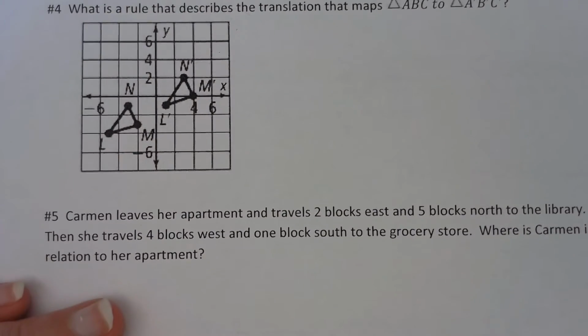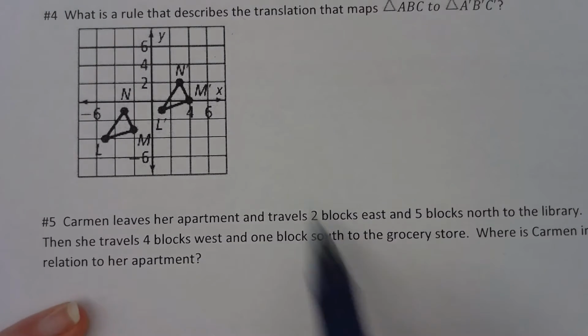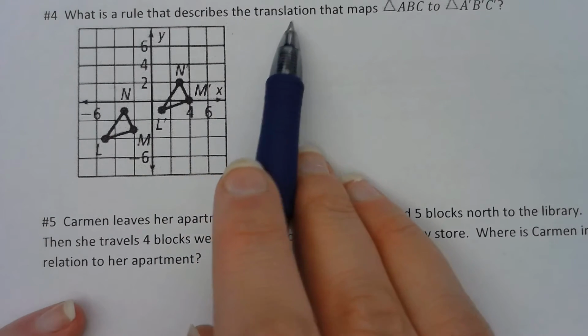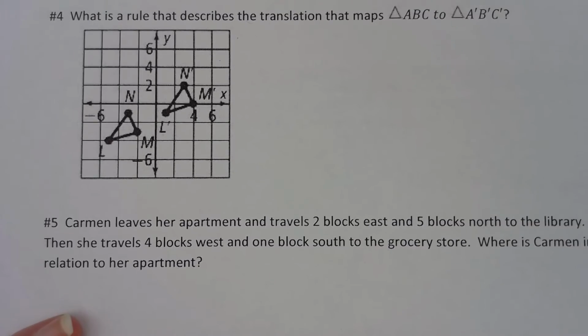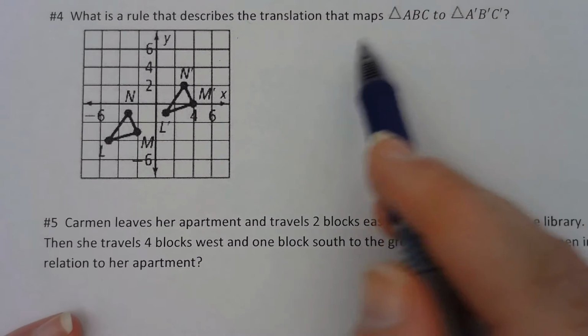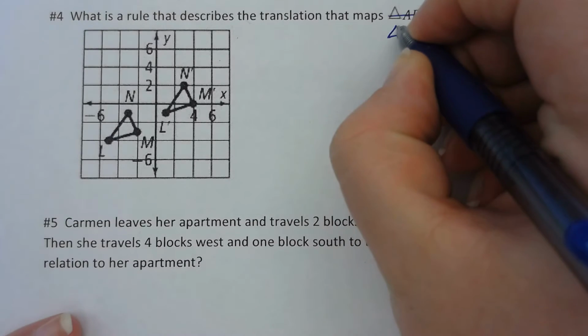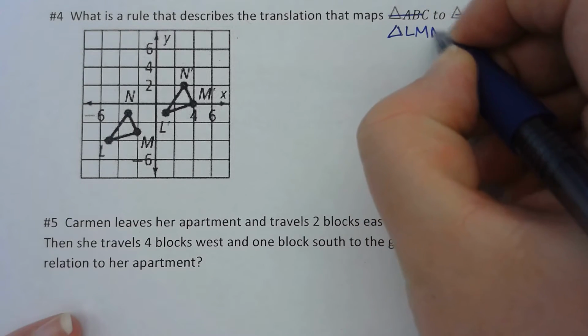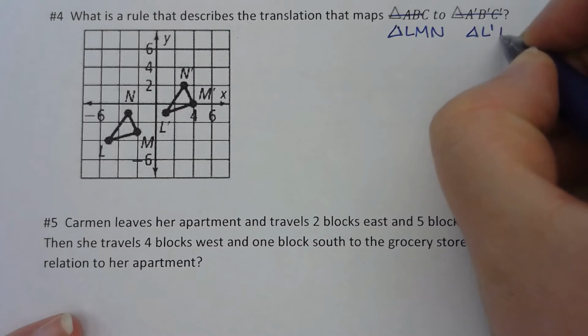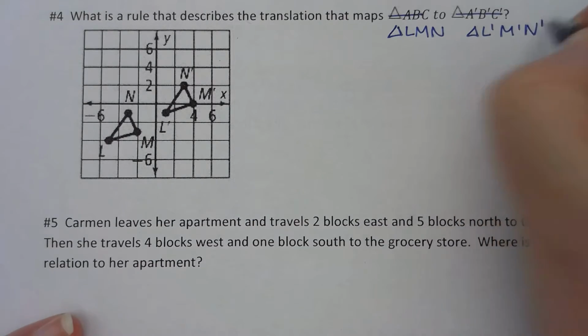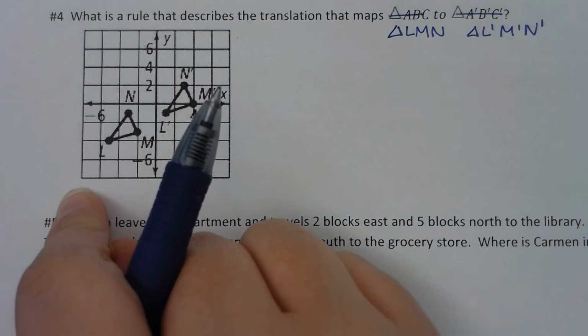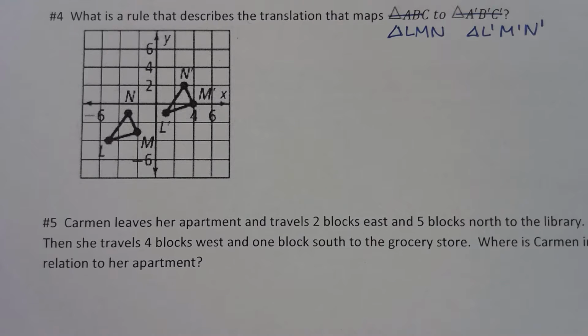All right, next, problem 4. What is a rule that describes the translation that maps ABC to A prime, B prime, C prime? Now this is a typo on the notes, guys, so go ahead and cross those out, and let's change that to LMN and L prime, M prime, N prime, because that's what's pictured here. We want to make sure we have the right triangles written.